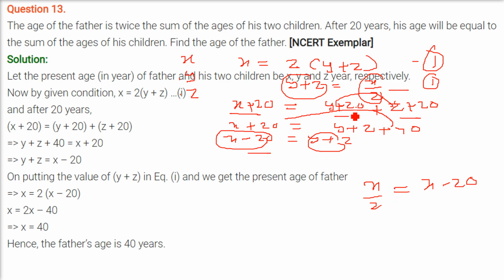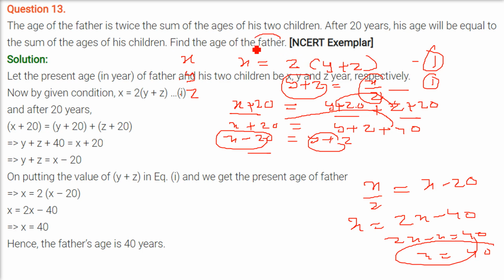So we can equate them. x by 2 equal to x minus 20, x will be equal to 2x minus 40. So 2x minus x will be equal to 40, x will be equal to 40. The father's age being asked is 40 years.